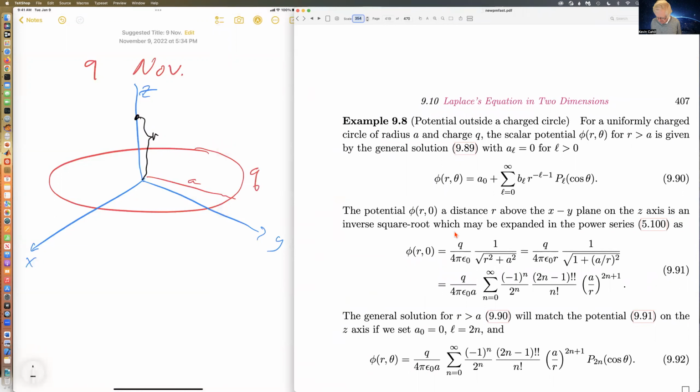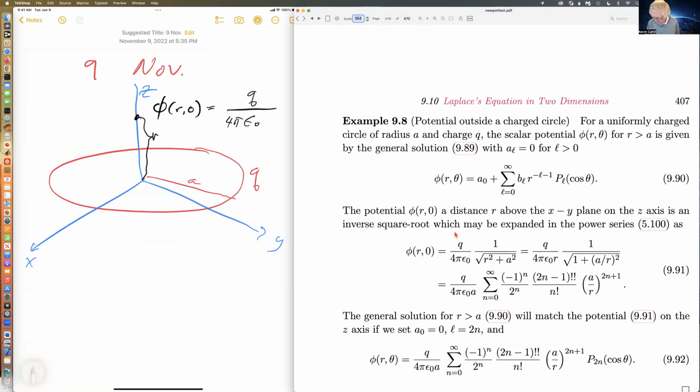In other words, it's the potential here, phi of r, but 0, and the theta is 0. Well, this is just the charge Q divided by 4 pi epsilon 0. And then the distance. Well, the distance is the square root of r squared plus a squared.